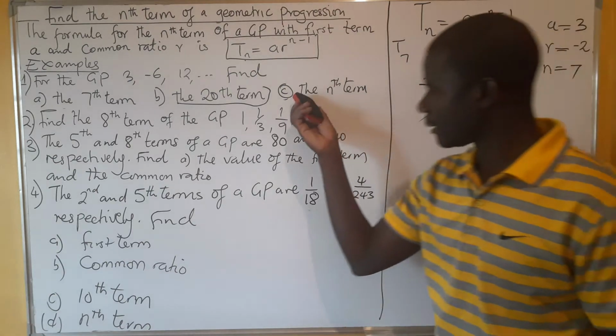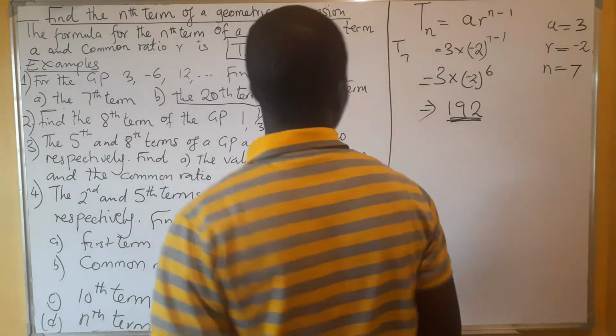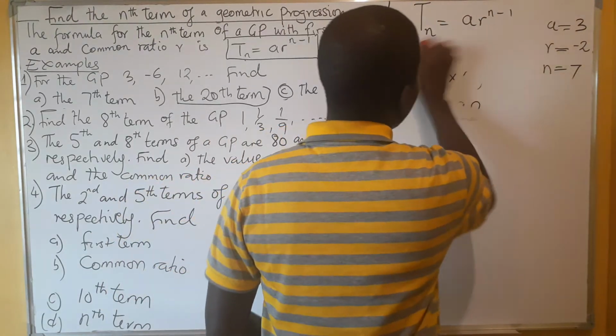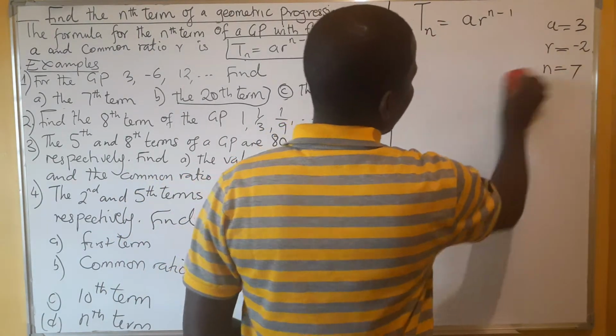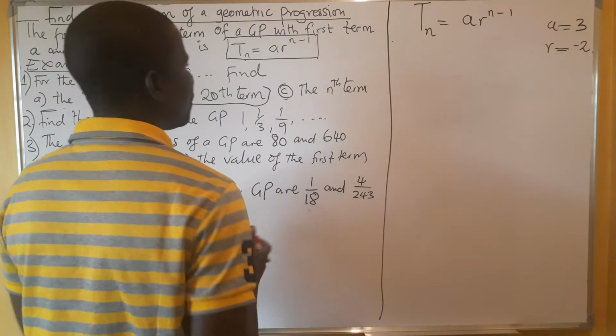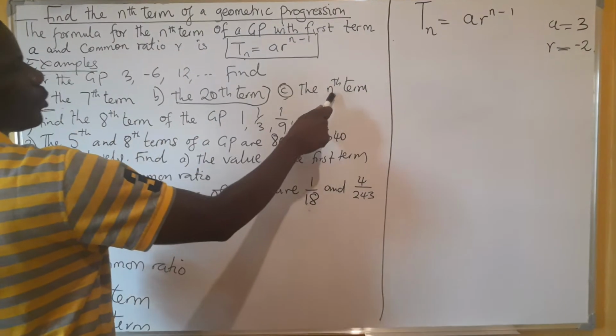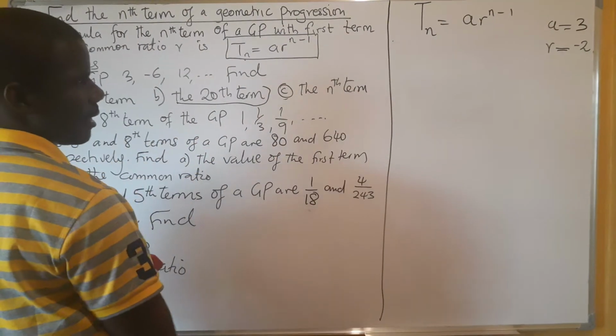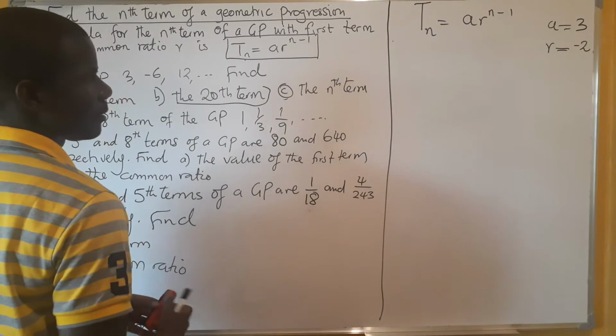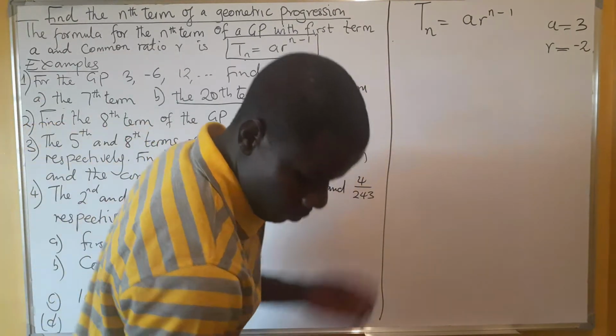So I want to look at this part, which is the nth term. The nth term, meaning we don't know what n is.